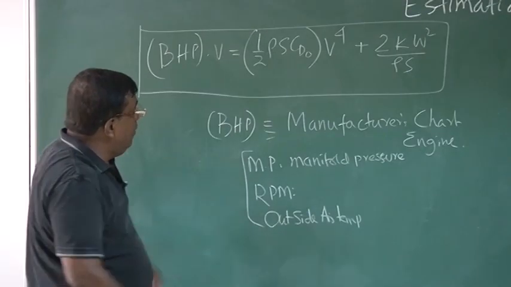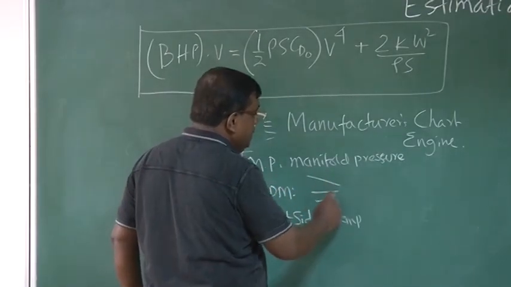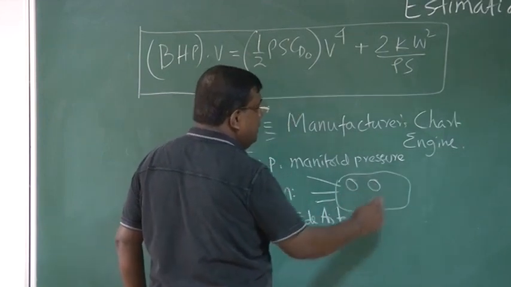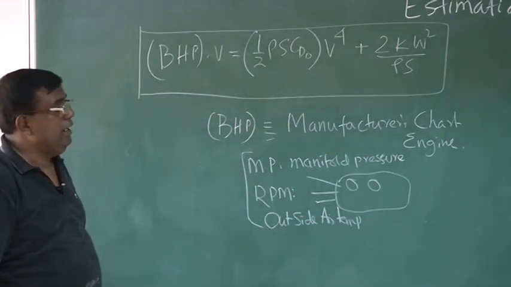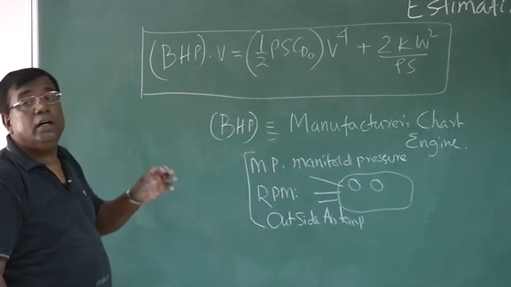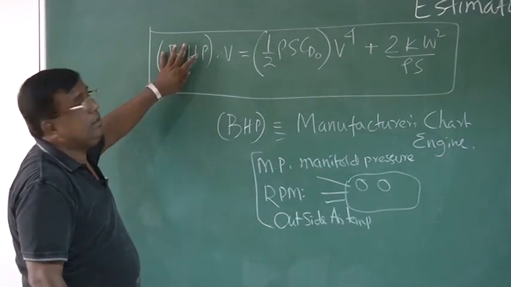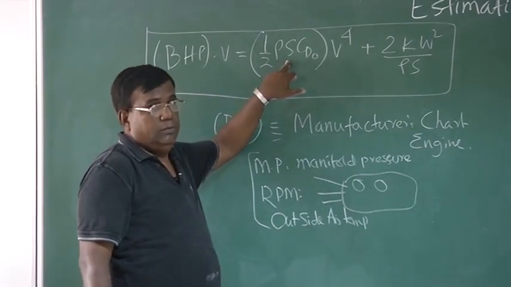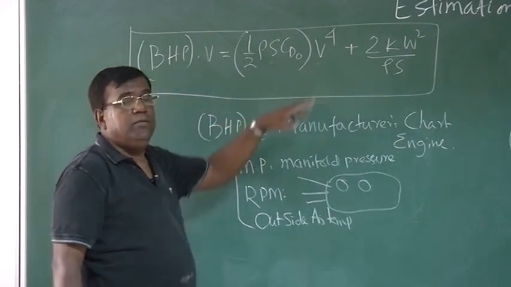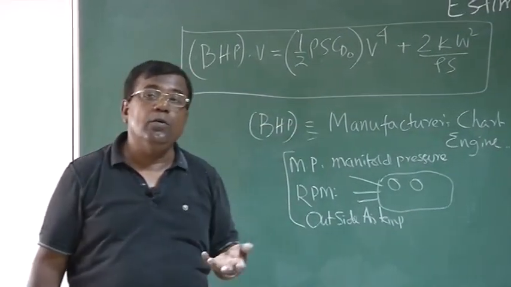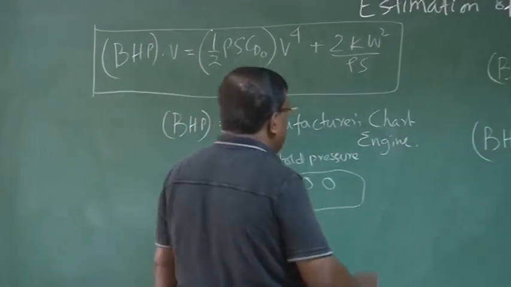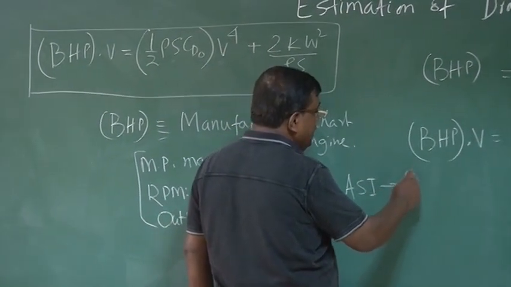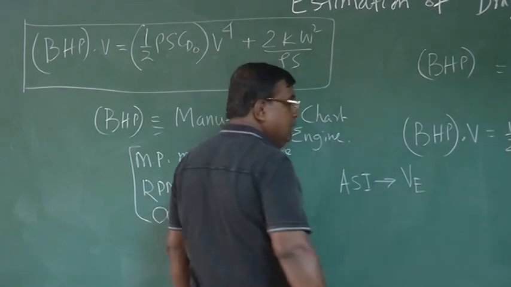All this information you get in the cockpit, right? You have seen in the cockpit there are instruments which give you readings for manifold pressure, RPM, and outside air temperature. Fine? So this is in my control. S is the wing area, which is known. What is V? V is the true airspeed. How do I get V? We have the airspeed indicator, which gives me V equivalent. Remember?